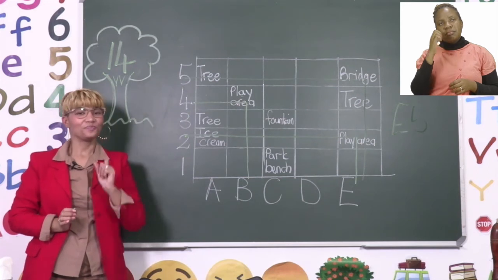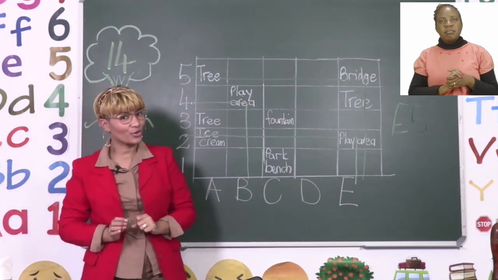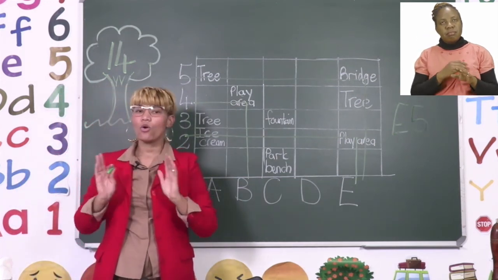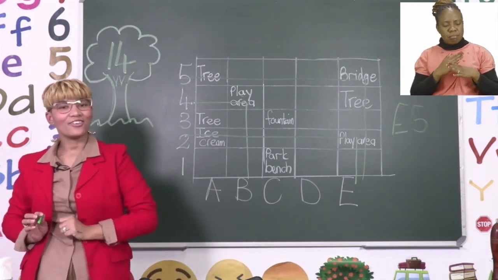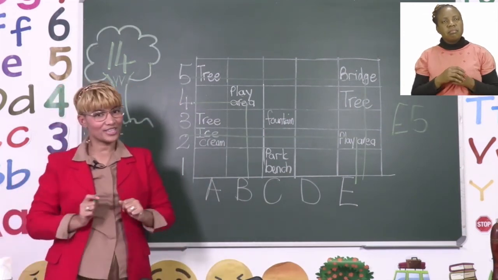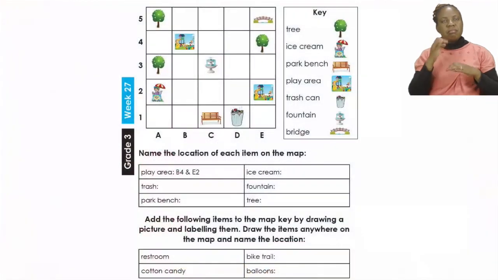Right. Now, before you continue with all your labeling and finding all the areas, let's quickly have a look at the last part of the activity. Now, back on page 14, way at the bottom it says, add the following items to the map key by drawing a picture and labeling them.